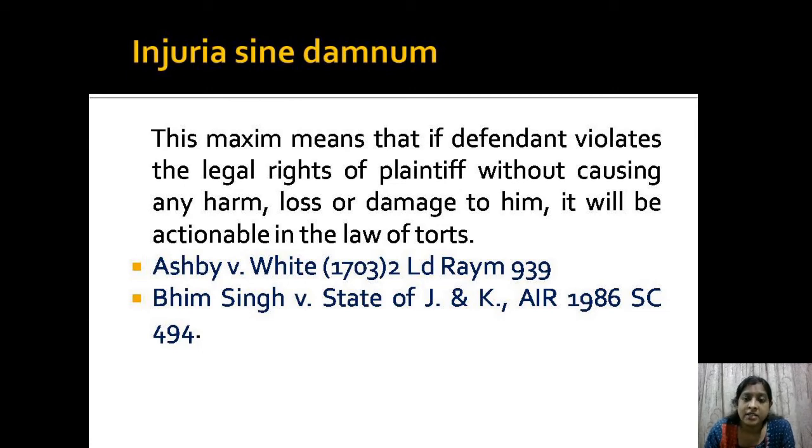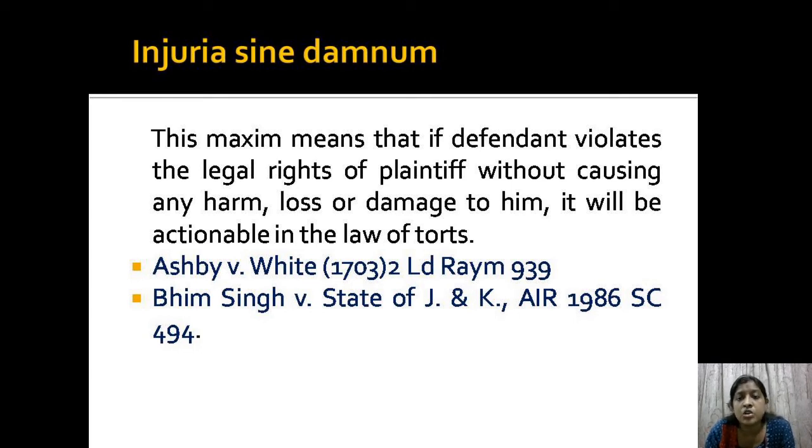Fortunately, his candidate won the election. Later on, the plaintiff, that is, the voter filed a suit in the court to get a remedy against the defendant. The defendant took the plea that although he was not allowed to cast the vote, his candidate won. As such, no damage is suffered by him.